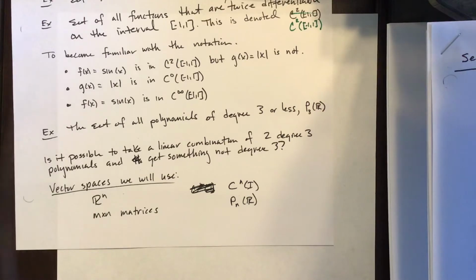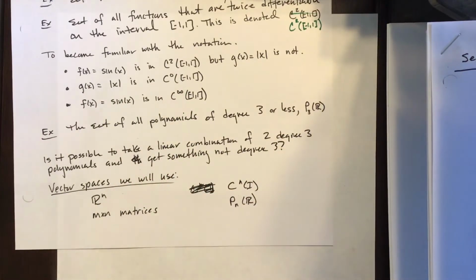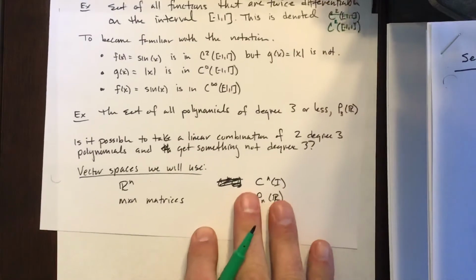Whereas f of x, which is sine x, is in C infinity of -1 to 1, because the sine function is continuous and all of its derivatives are continuous. No matter how many derivatives you take of sine x, whether it's 1, 2, 3, 4, or infinite, that derivative is going to be continuous on the interval from -1 to 1. All right. So that's kind of what we're referencing here.